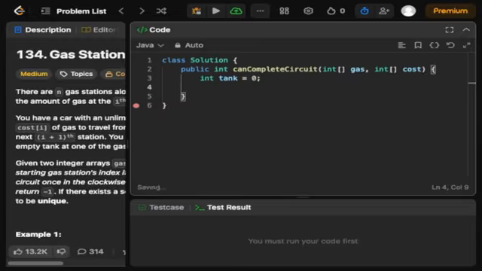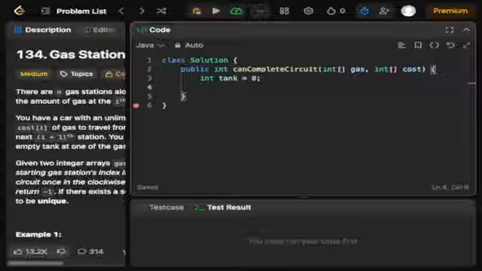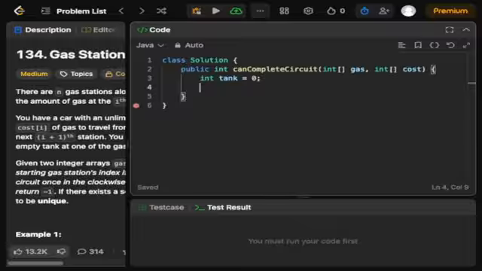The reason I bring up the second portion, returning -1 if we can't make it all the way around, is to make sure that we don't go to the first station and iterate over that array, and then go to the next station and iterate completely over that array again. What we're going to do is iterate once, and as we iterate, we're going to keep track of the total gas and cost that it takes to get all the way around the array.